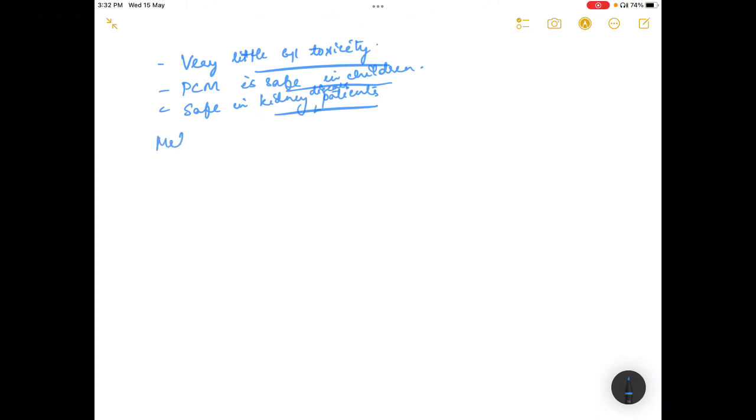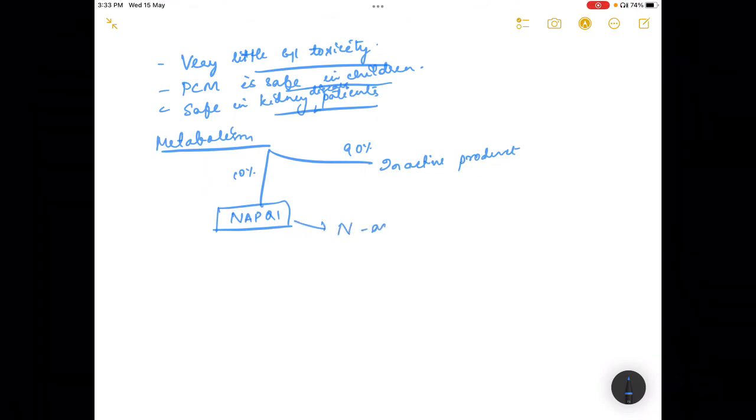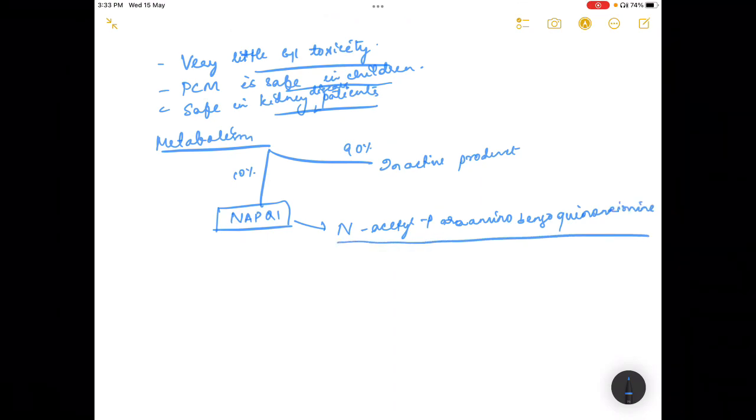Now coming to the metabolism. Most of the paracetamol, nearly 90%, is metabolized to form inactive product, and the rest 10% is metabolized to form NAPQI. What is this NAPQI? N-acetyl para-amino benzoquinonimine. NAPQI, you must remember.